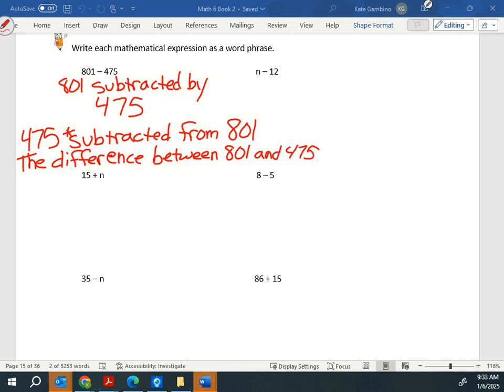All of these mean the exact same thing. It's just different ways to say it. I could say 801 minus 475. It means the same thing. You only have to write one word phrase, but your verbal phrase can be different than the person sitting next to you. Can be different than what's in my answer book, because there's multiple ways to say these. Right?